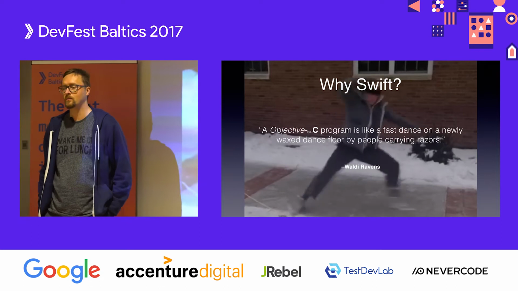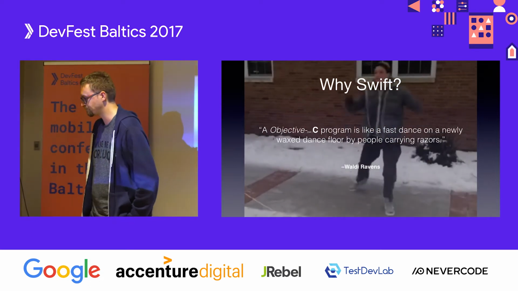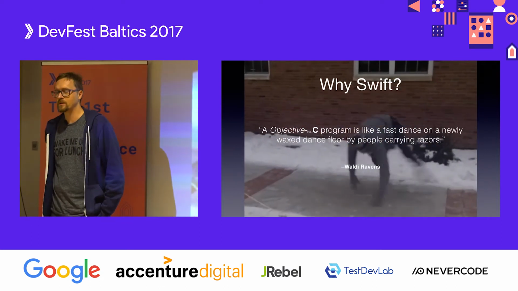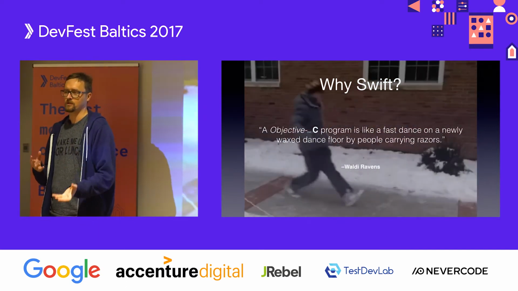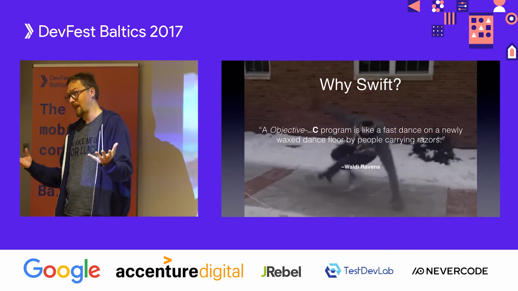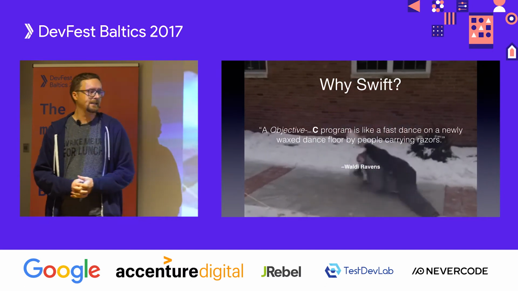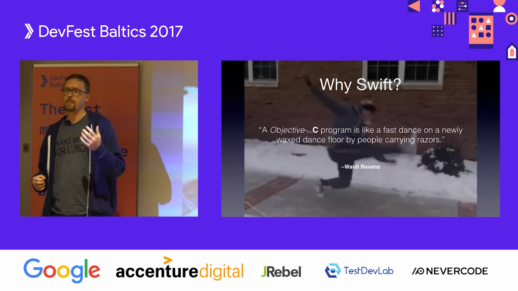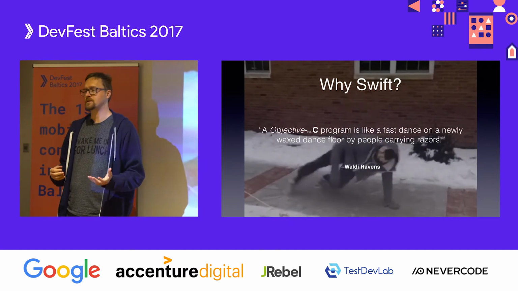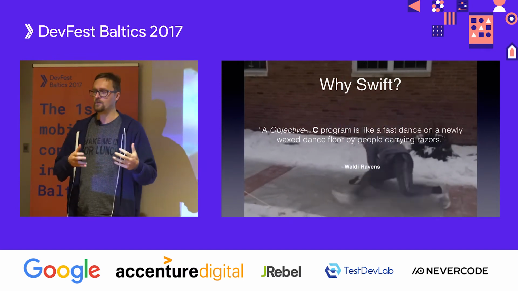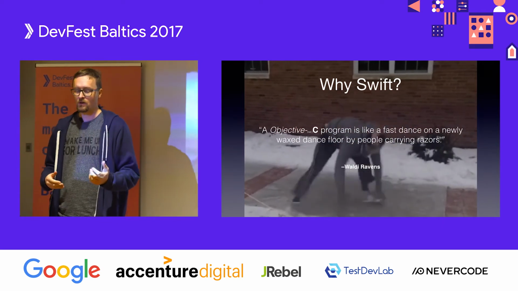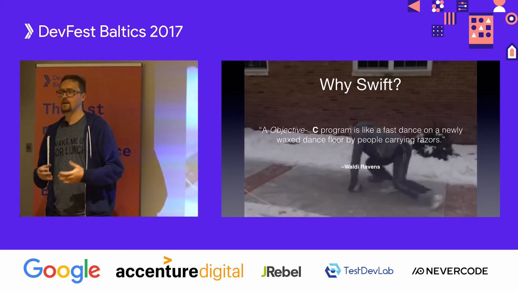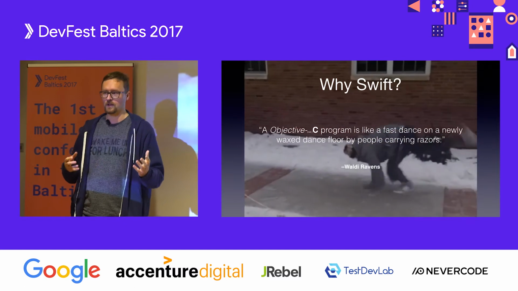But why Swift? Why did we get Swift at all? At some point, Apple felt that they needed to give us a better tool, a better language. They asked themselves, can we improve Objective-C so that we will stay with Objective-C? And the internal answer to that question was no. So they started to think about a new language.